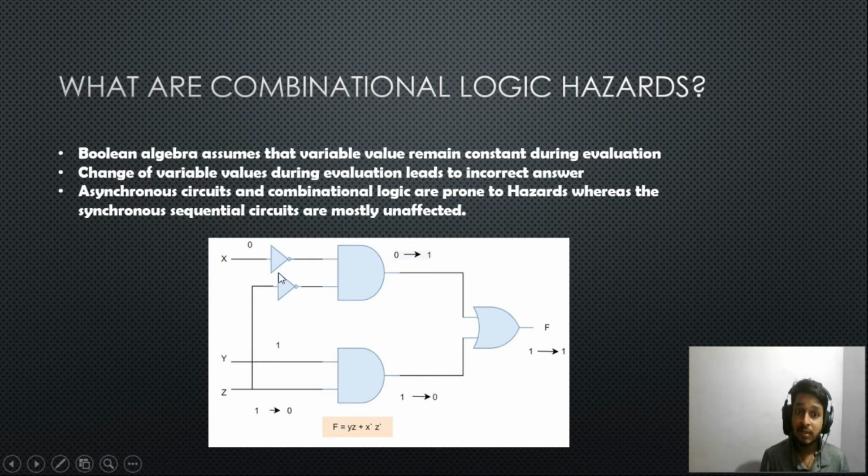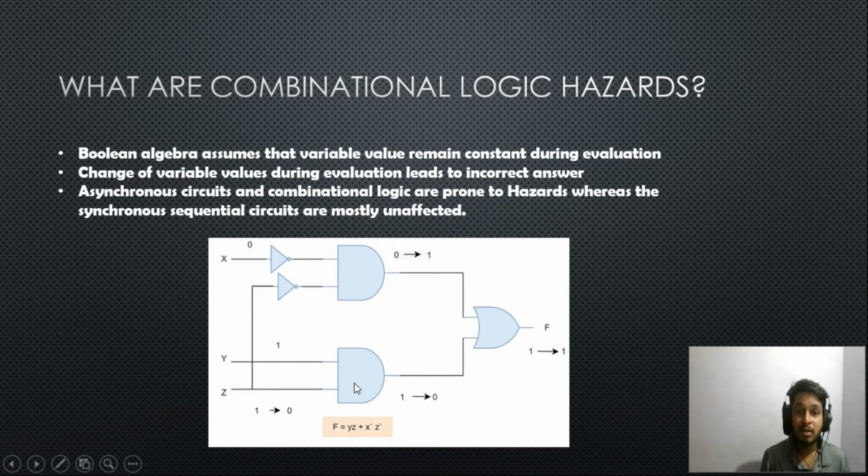The reason is that there is a NOT gate over here, and there is a transition time that has to be accounted for. So it's most likely that this path will take more time than this path.